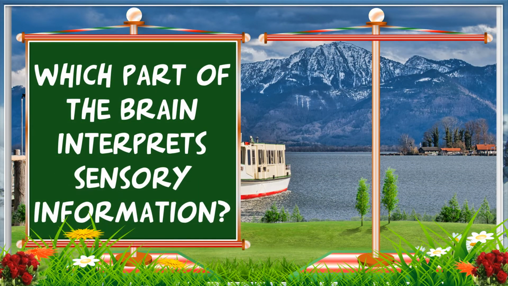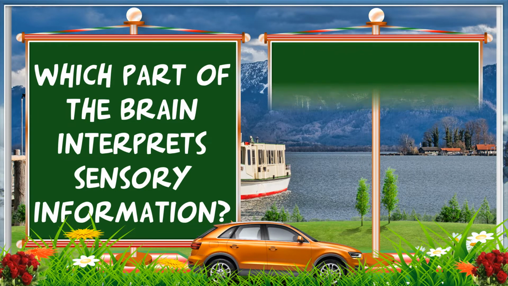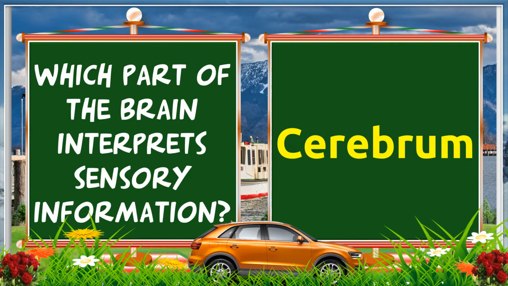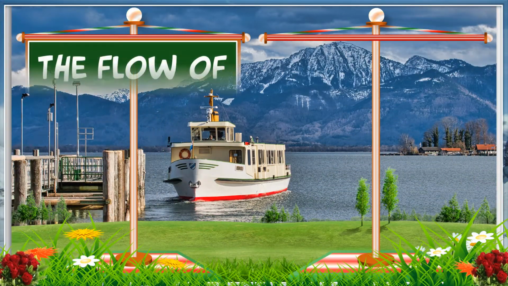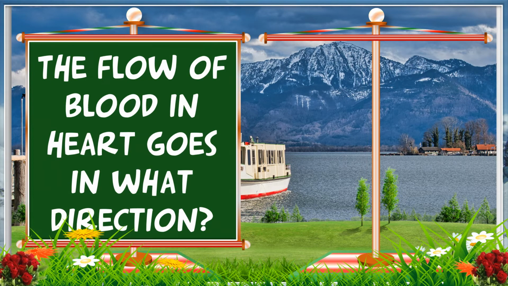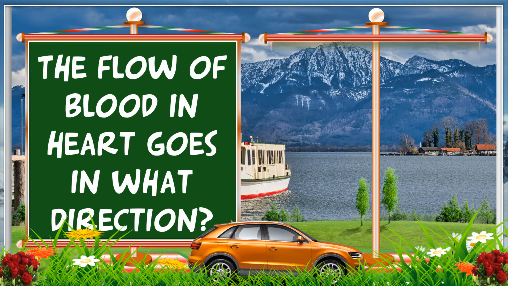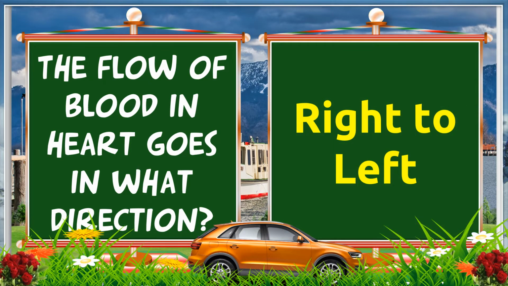Which part of the brain interprets sensory information? Cerebrum. The flow of blood in the heart goes in what direction? Right to left.